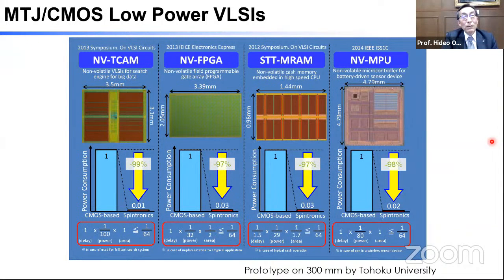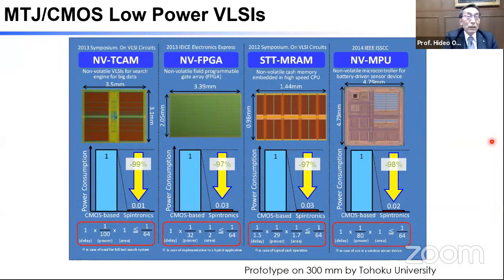The thing that we tackled next is that we've been able to demonstrate, on 300 millimeter wafers, the integration of those magnetic tunnel junction non-volatile memory devices, to make our integrated circuits extremely low power, like 1/100th of the power.